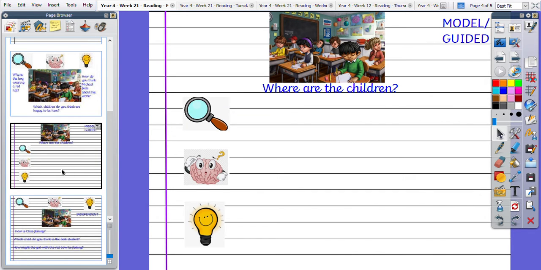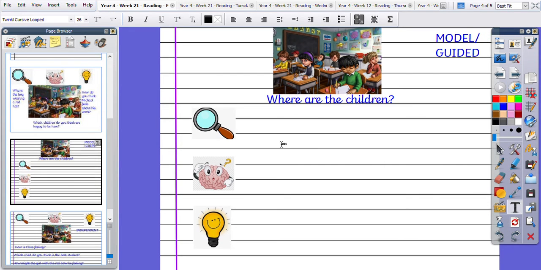So moving into our questions then, we've got a model and a guided one, and I've already given you a clue about this question. Where are the children? Okay, so let's look for clues. We've got a whiteboard, children, desks, the children are doing work, and we can see displays.